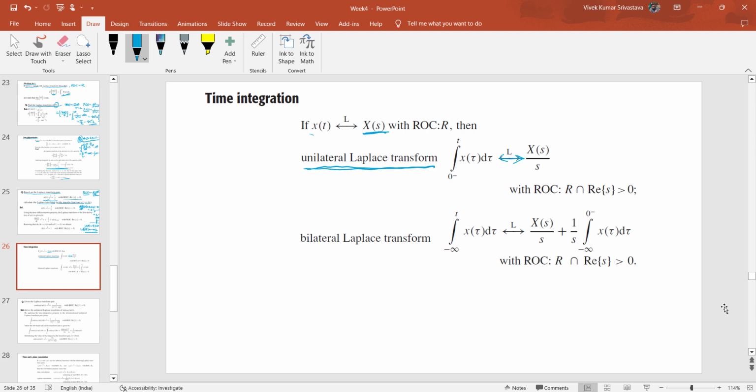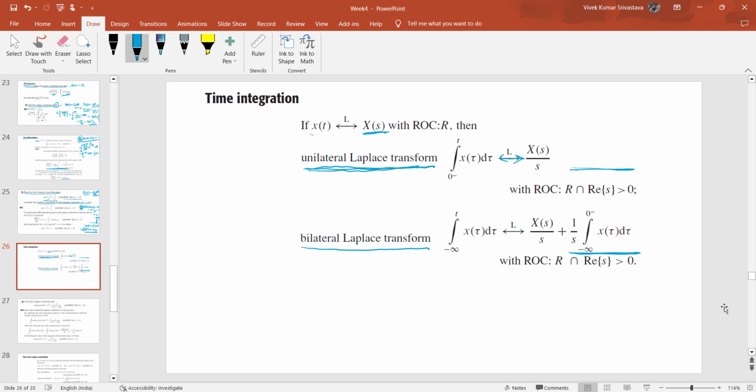Whereas for the bilateral Laplace transform, this time integration is defined as the integral from minus infinity to t of x(tau) d tau equals X(s) over s plus 1 over s times the integral from minus infinity to 0 minus of x(tau) d tau. So this corresponds to the initial value. Okay, so for the unilateral Laplace transform, this initial value is not given, this will be equal to 0.